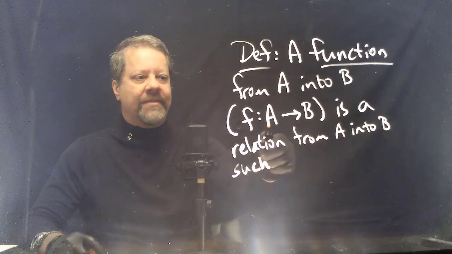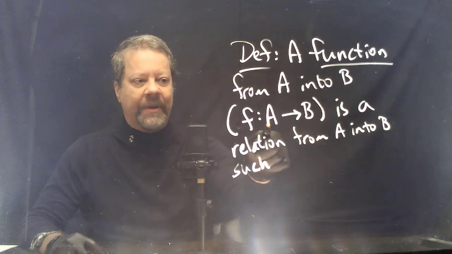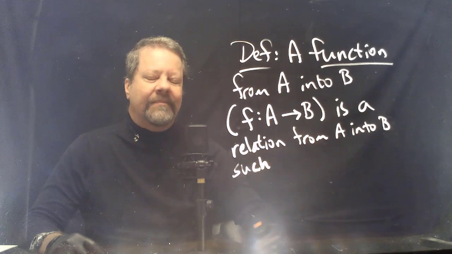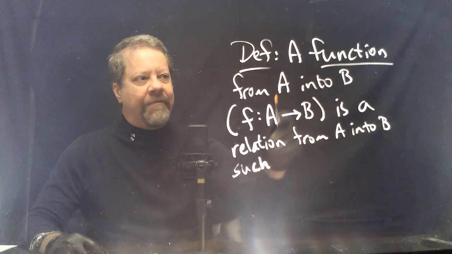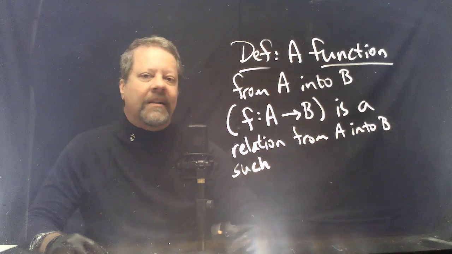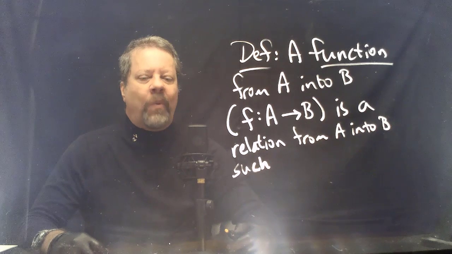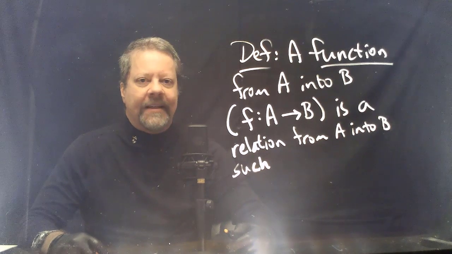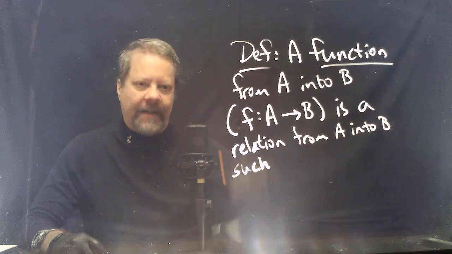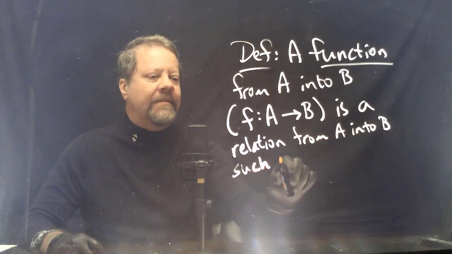You have two sets, kind of an input set and an output set, and a function will be a relation. It will be a collection of ordered pairs. But in this case, we're going to require that these points in the xy plane satisfy the vertical line test.